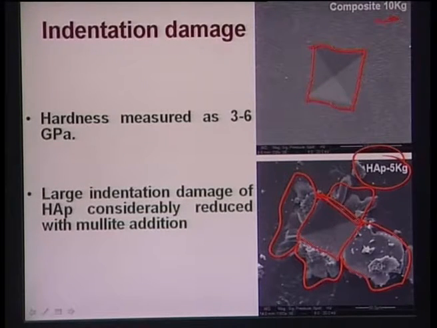If you take the 10 kg load in the hydroxyapatite, there will be much more severe indent induced damage. But even at the 10 kg level in the composite, you can see a perfectly sharp and very well distinct Vickers image. It essentially tells you that this material must have better damage resistance.